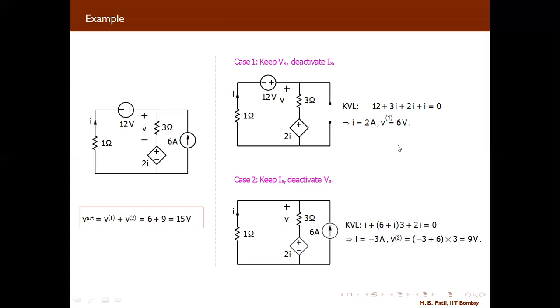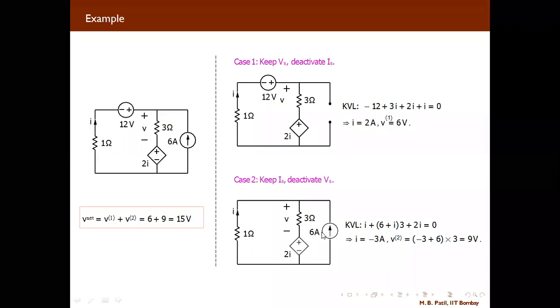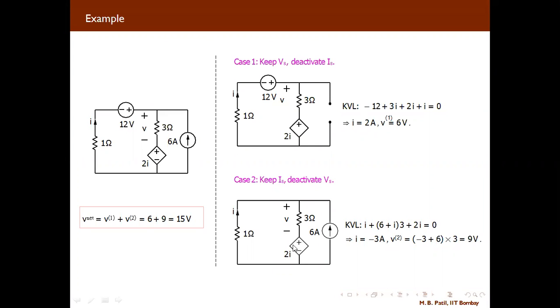If you are calculating the voltage here, you will get I into R. The value of R is 3 and current is 6, plus minus 3 because we are having minus 3 here. The current going from here is minus 3, but here 6 ampere is coming, so we can take minus 3 plus 6, that will be the total current into resistance.